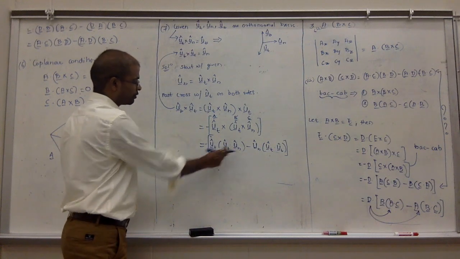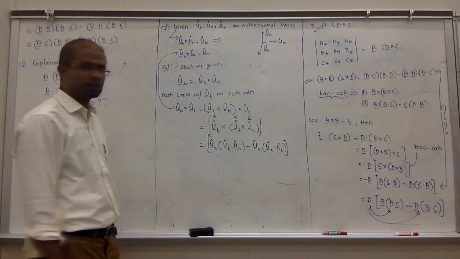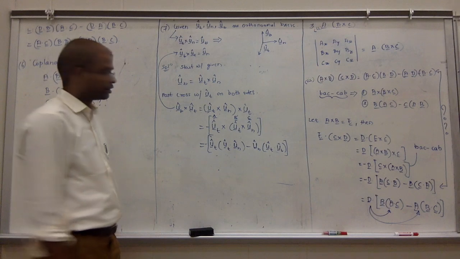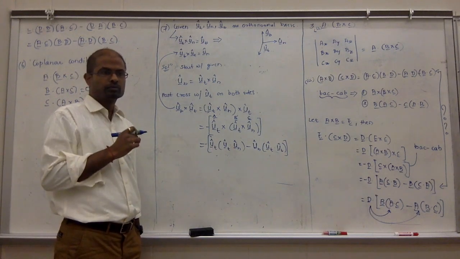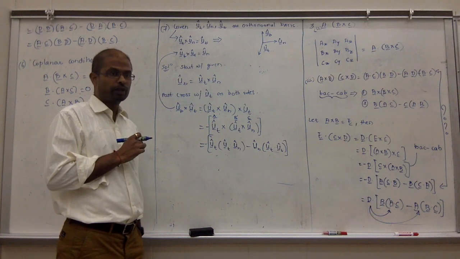What is the dot product of UT and UN? Zero, because the dot product of two perpendicular vectors is zero.